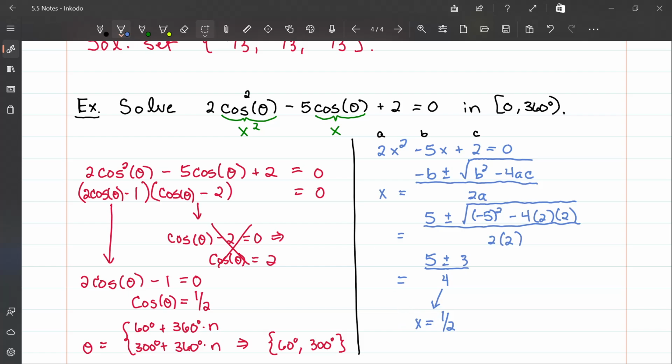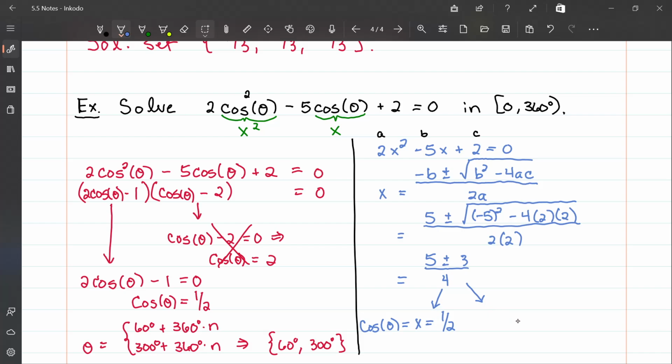Or, if we go backward and remember what we were substituting with, we said x means cosine, so what we're really saying is cosine of theta is equal to 1/2, which is exactly one of the equations that we got last time. I bet at this point you can guess what's going to happen in the next one.